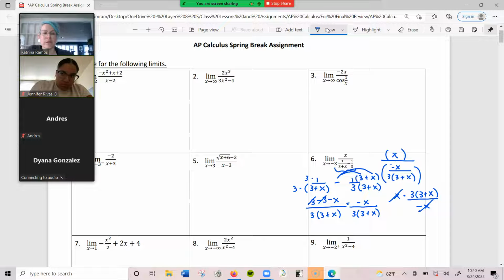So I'm left with 3 times 3 plus x over negative 1, which will just make the whole thing negative. Now that I've canceled everything that I could, we're going to plug in the -3. But when you plug in -3, you get -3 times 3 minus 3, which would give you 0.